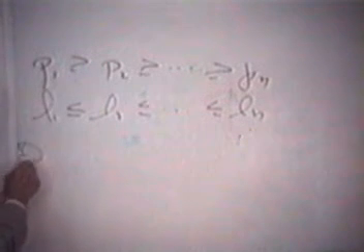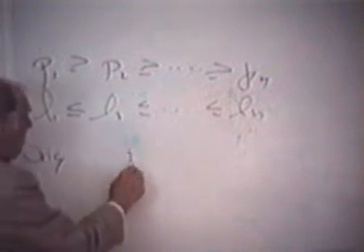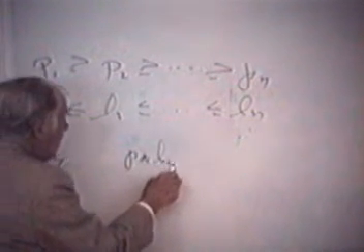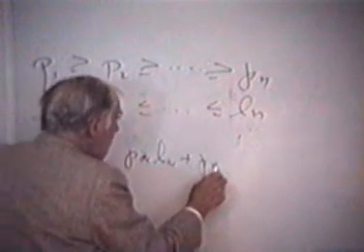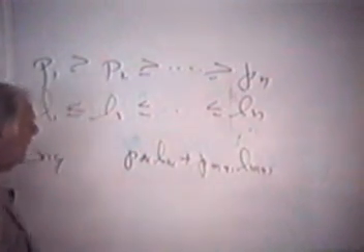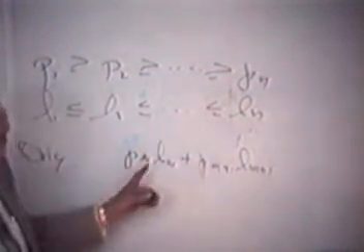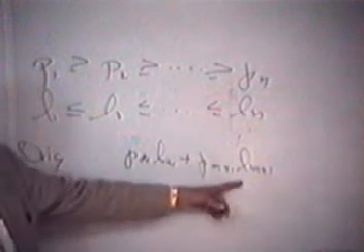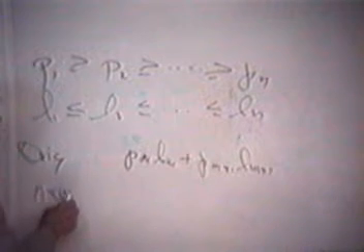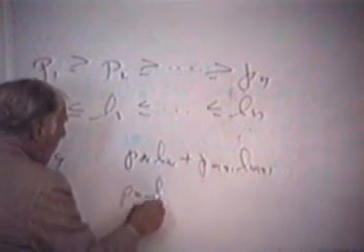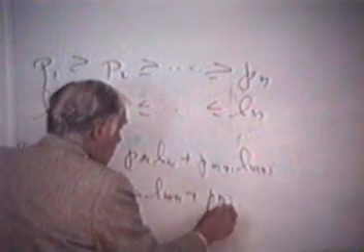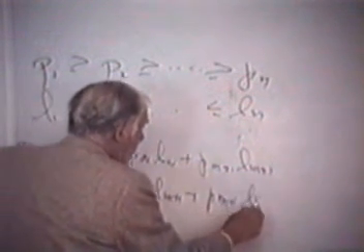So in the original sum, there will be Pm Lm plus P sub m plus 1 L sub m plus 1. Now if they were not in that order, I'm going to interchange the two symbols L, one L and the other, and the new one I will have Pm L m plus 1 plus Pm plus 1 Lm.